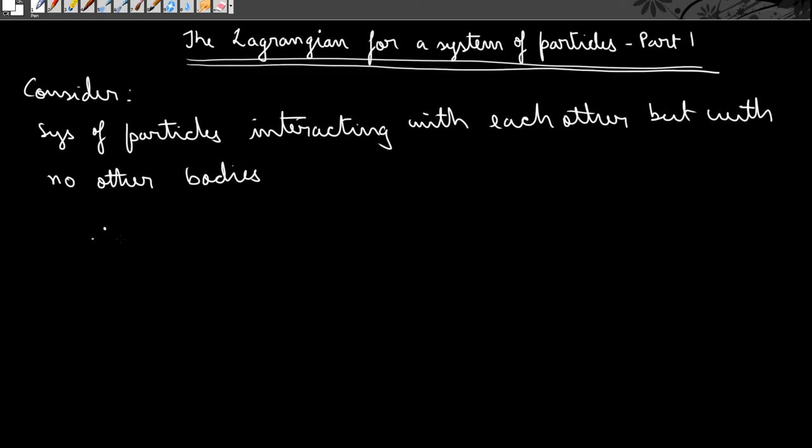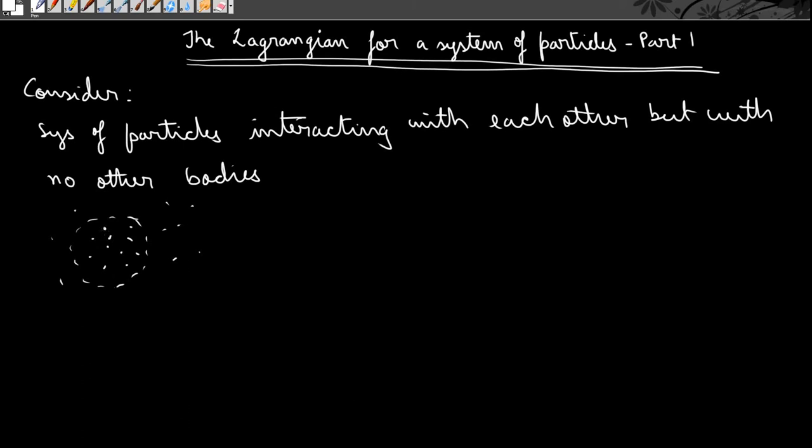So we are going to have some set of particles, okay, and some other set of particles, but what this statement means is that I am going to consider a particular system wherein the particles which make up the system are only interacting with the particles inside this system and not outside.